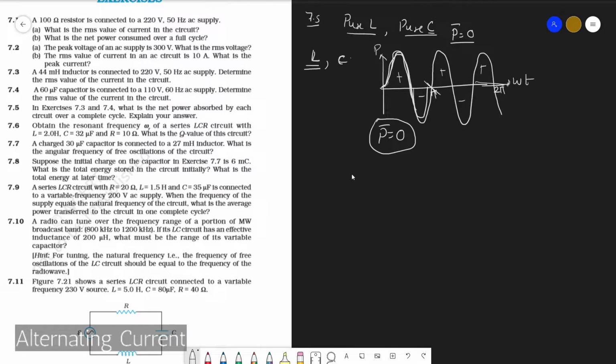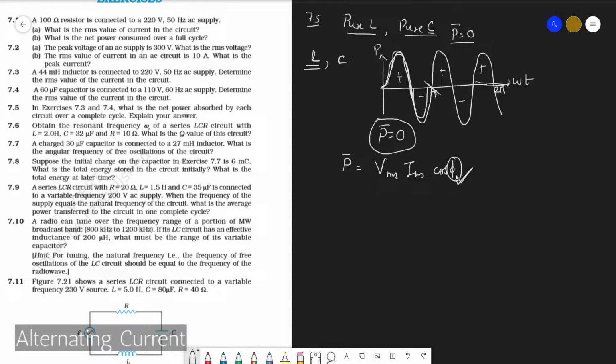Also you can show this from the general formula for power. The average power is nothing but VRMS IRMS cos phi, where phi is the power factor angle and cos phi is the power factor.